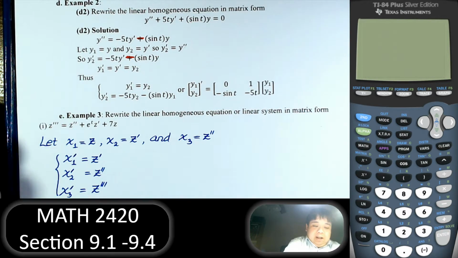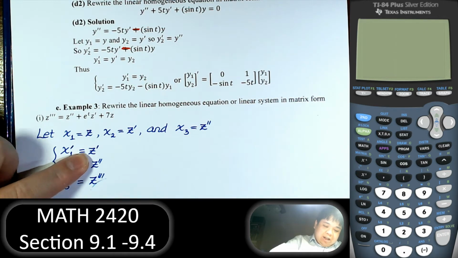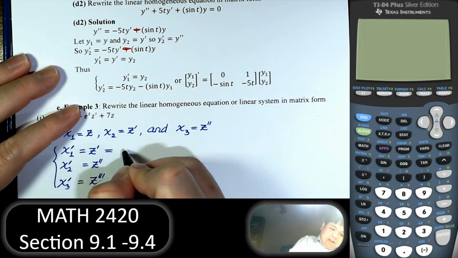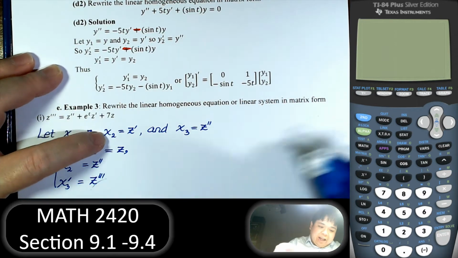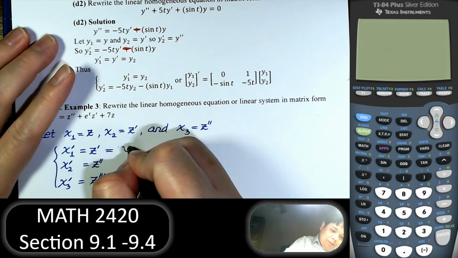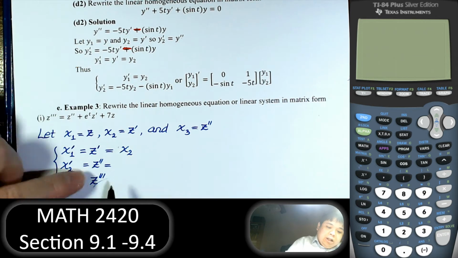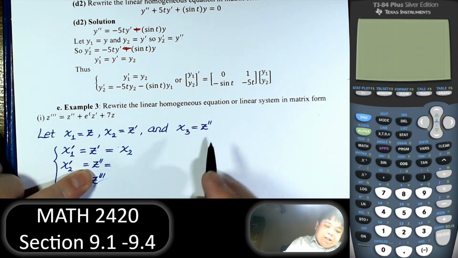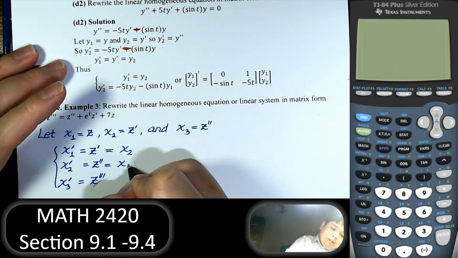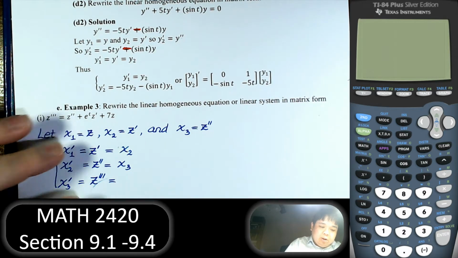Now, the rest will be easy. What is z prime? That is x2, right? Z double prime, that is x3. Z triple prime is going to be that.